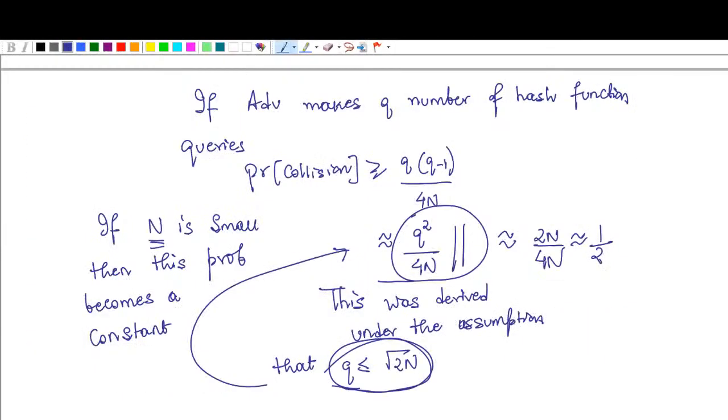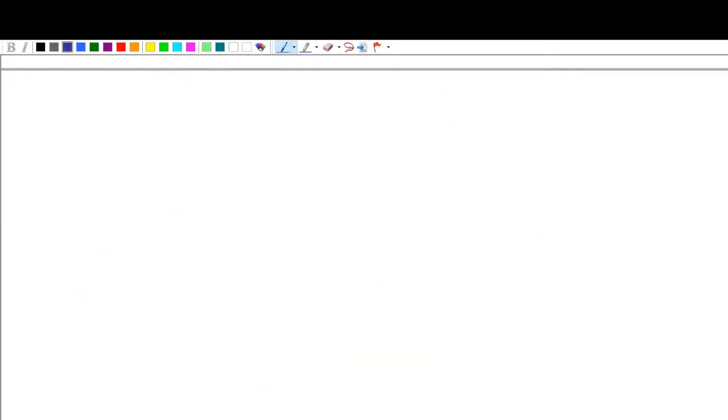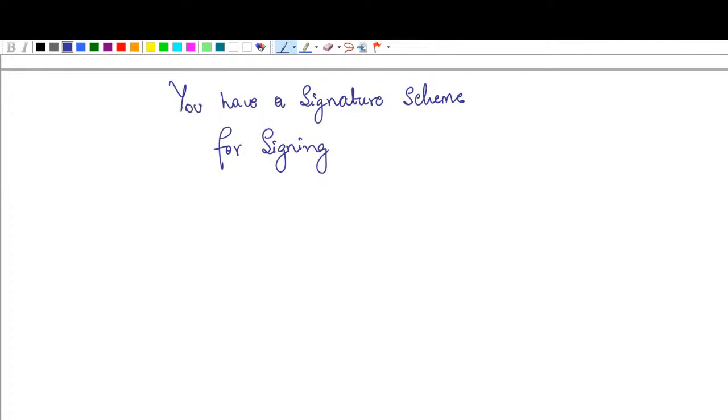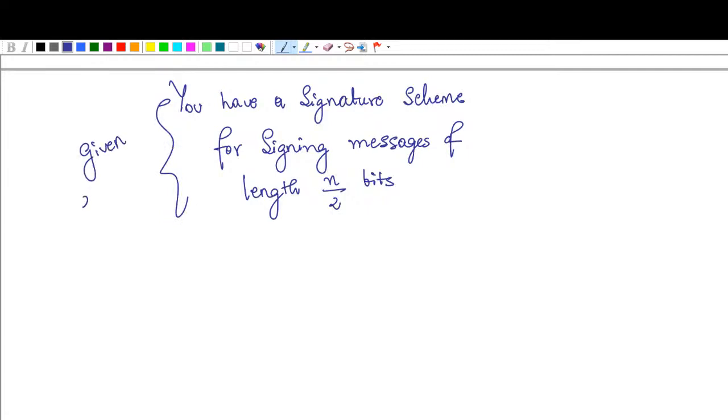So the question was the following: you have a signature scheme for signing messages of length n by 2 bits, and this is given to you, and this is secure.